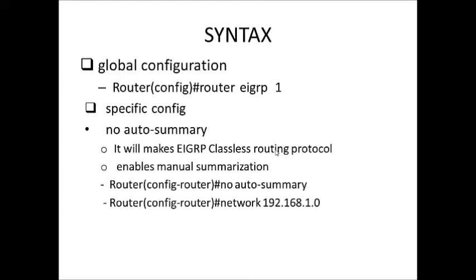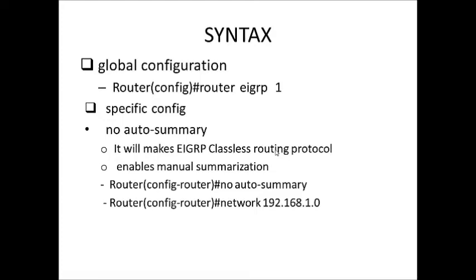We have the syntax. For the global configuration, you type the following command: router eigrp followed by the autonomous system number. Next is the specific config. In this specific config, we have the command no auto-summary.